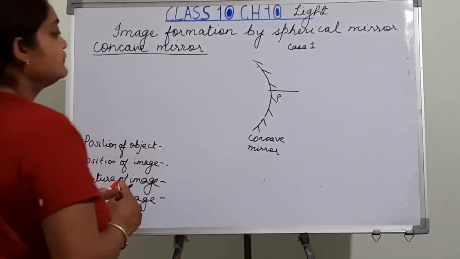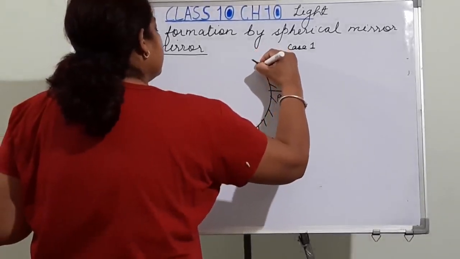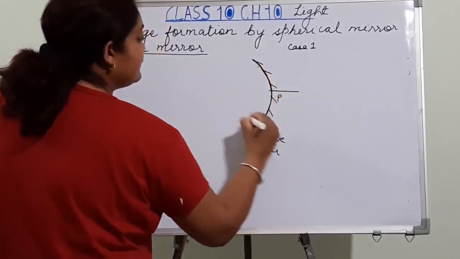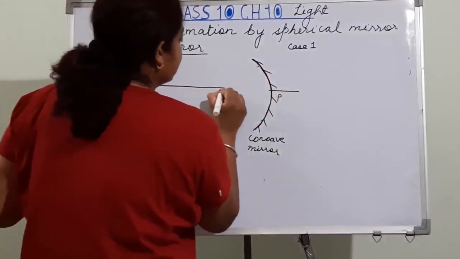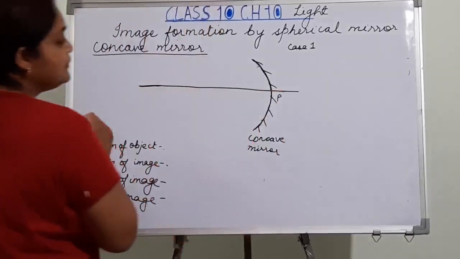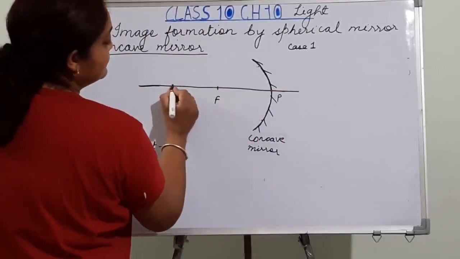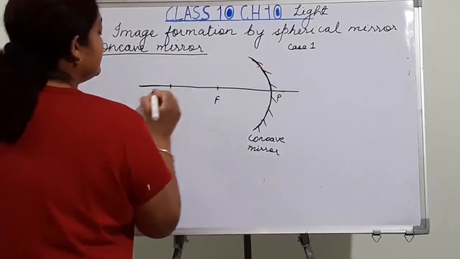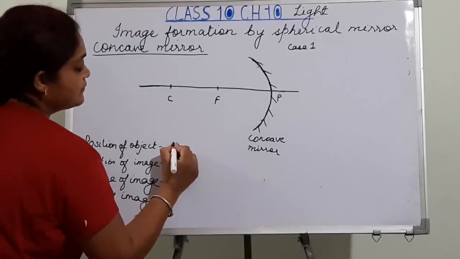So again I am using the same mirror. This is principal axis, focus, this is center of curvature. Now object is kept beyond C.